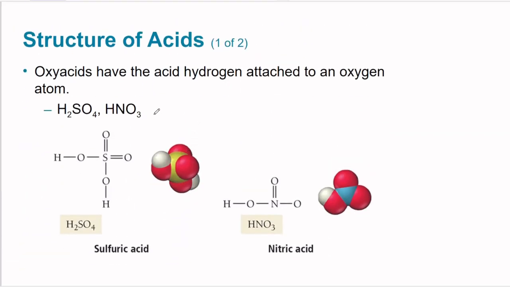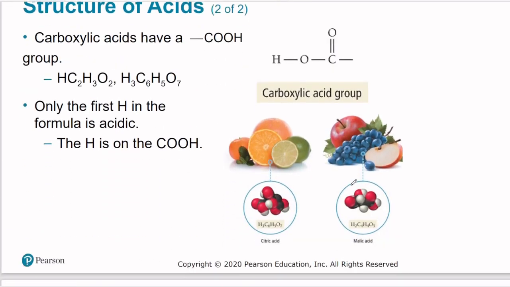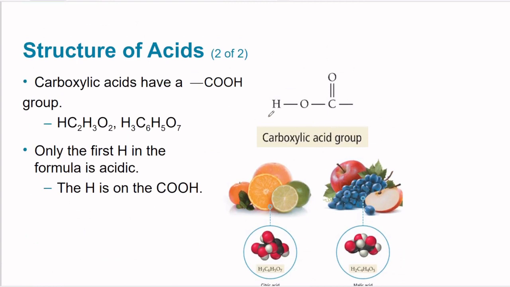Okay. We also can have oxyacids where they have a hydrogen attached to an oxygen atom. Some of these are, for example, sulfuric acid and nitric acid. And here we have another type of acid that has an oxygen with a hydrogen attached, and these are called carboxylic acids.